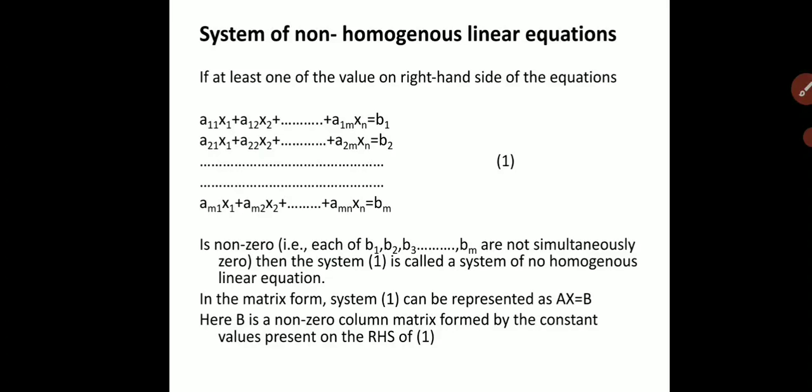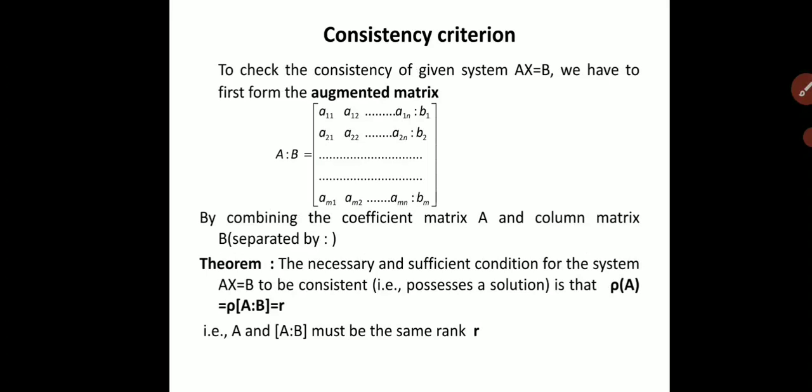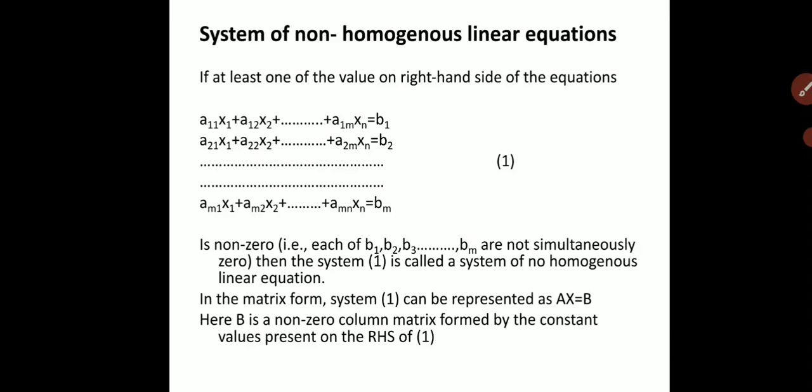This system of equations can be written in matrix form as Ax equals B, where A is the coefficient matrix that we saw in the last session. A has first row a11, a12 etc. up to a1n, second row a21, a22, a23 etc. up to a2n, and the last row am1, am2 etc. up to amn.